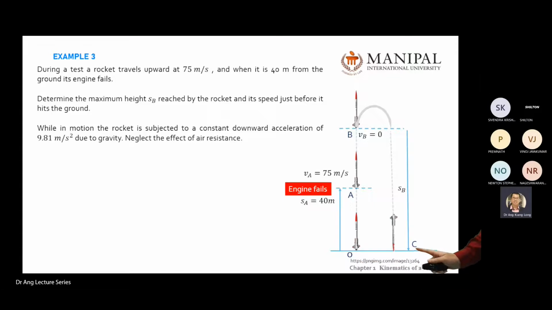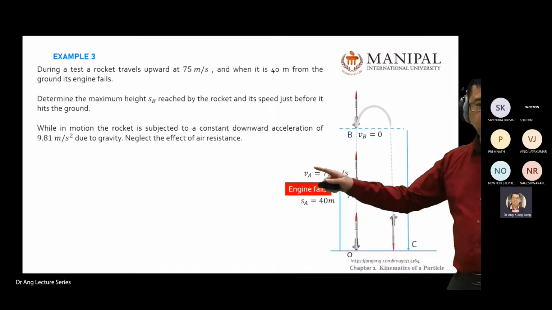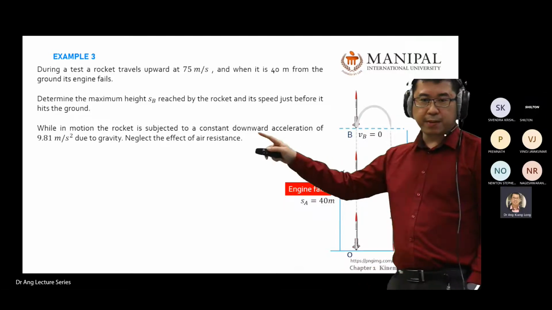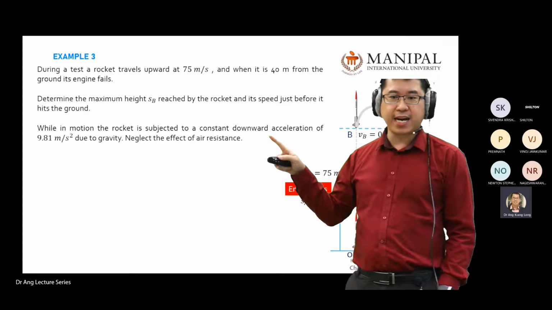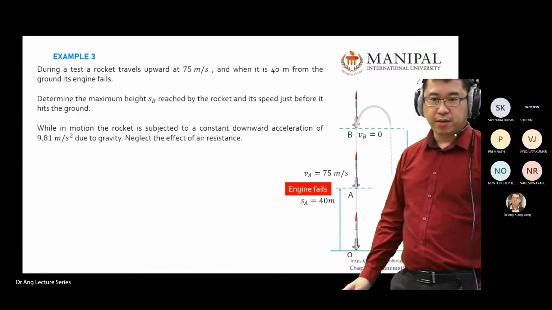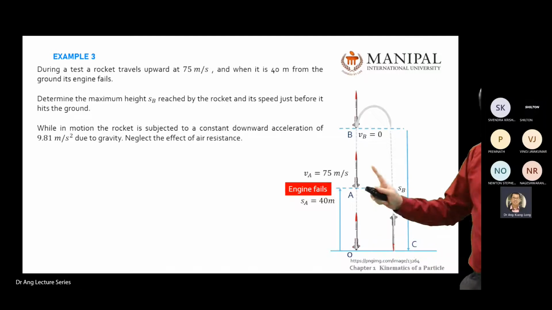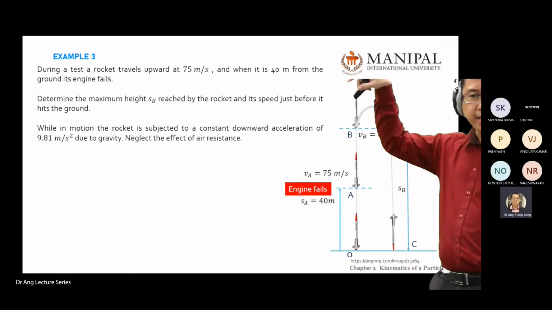It's just a reference point to tell that this is the point where the rocket is going to hit the ground. You're given extra information here where the motion is subject to a constant downward acceleration, meaning you have a gravity force. No matter how fast it goes, there's always a gravity force that acts downward.